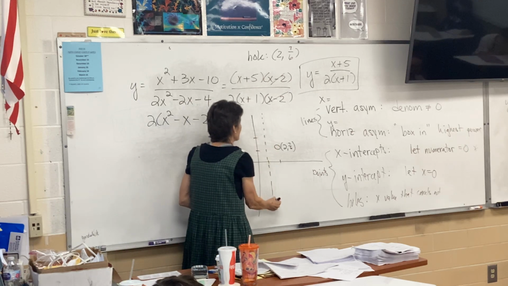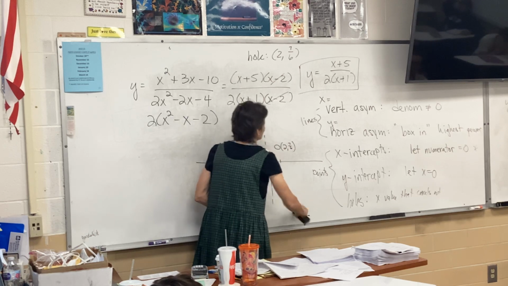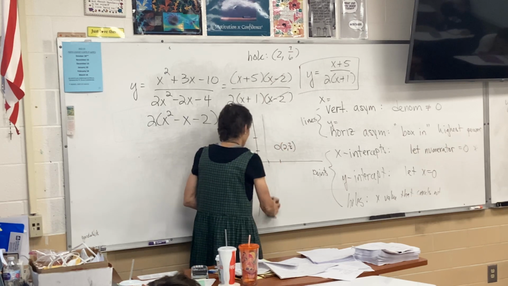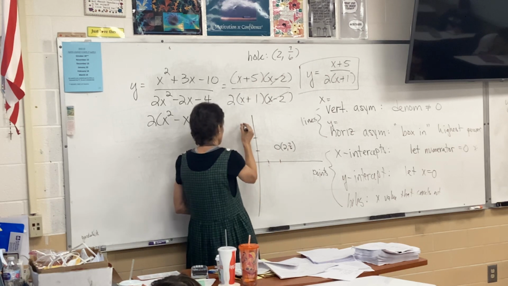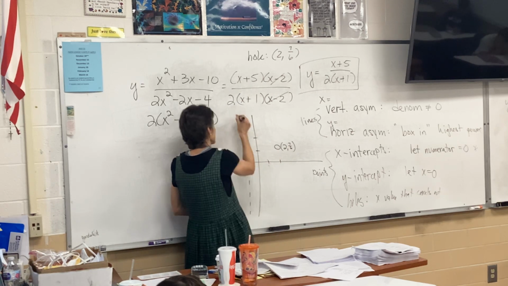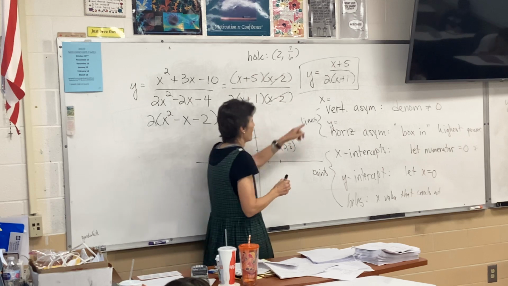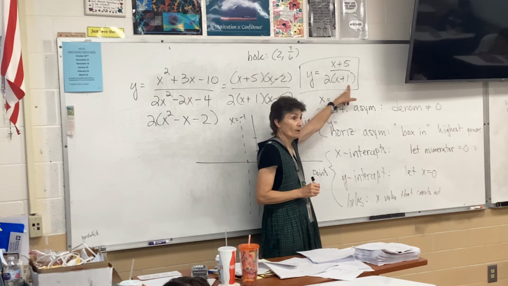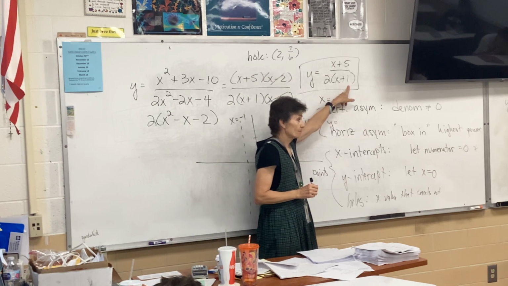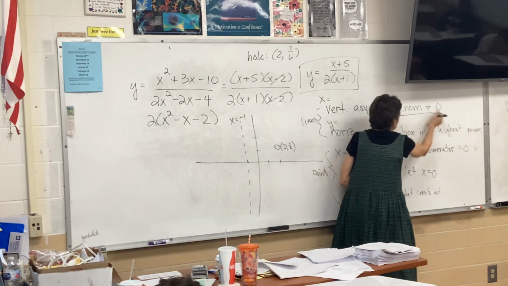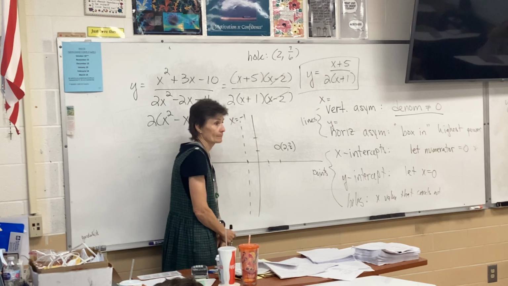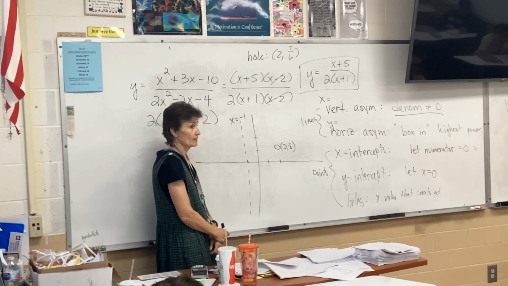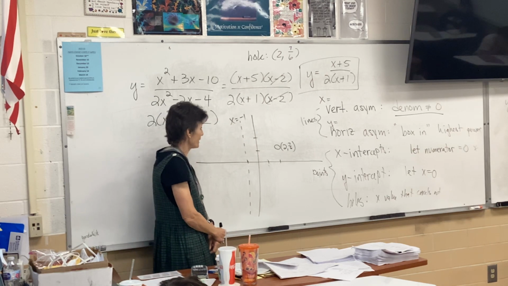Actually, not 1, -1. We have a vertical asymptote at -1, because that is what makes the denominator 0.